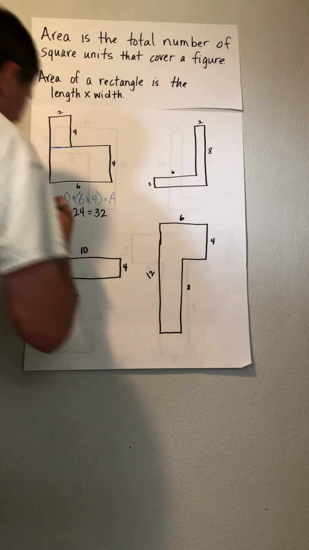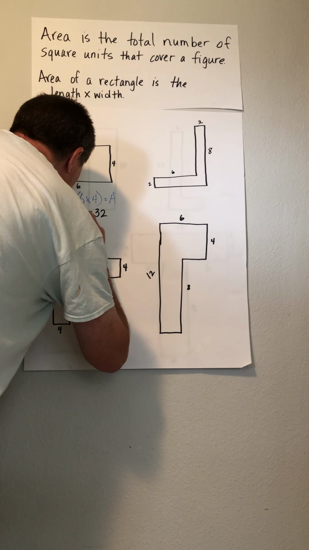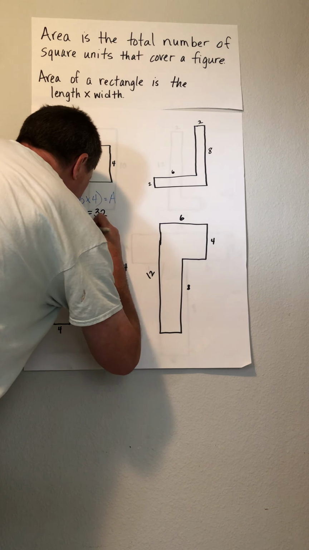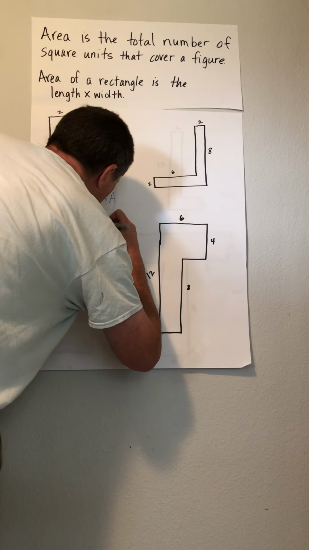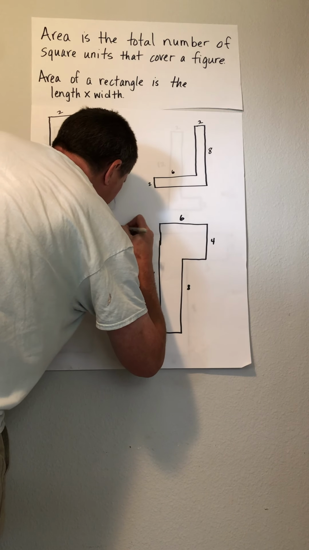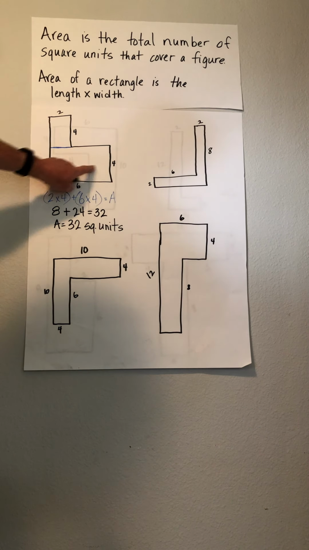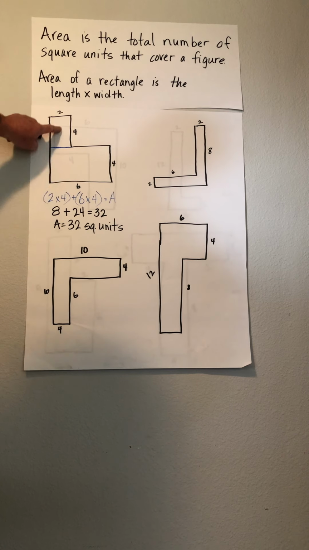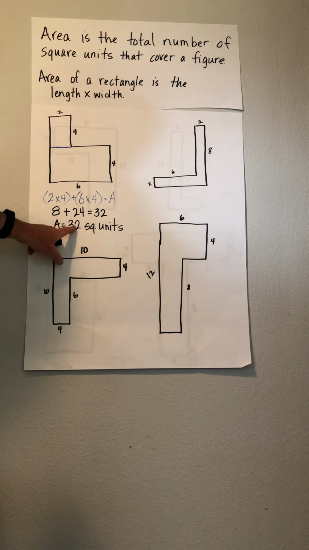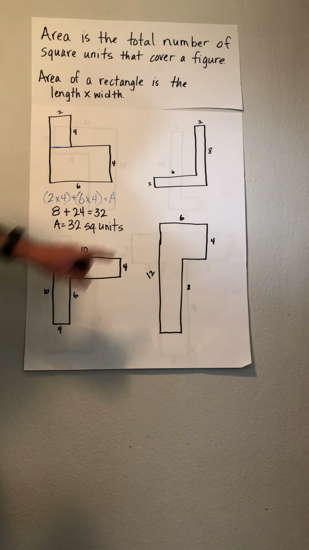So the area equals 32 square units, because I did not put inches, feet, whatever on these. So we're just going to call them units for this lesson. So the area of this chair looking shape is 32 square units.